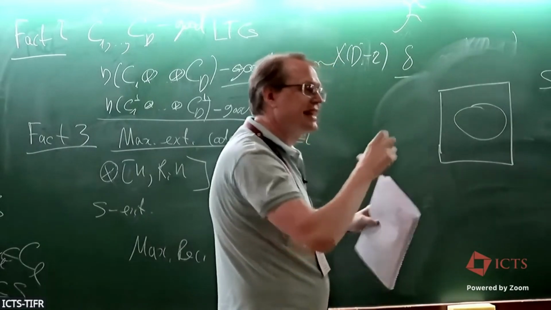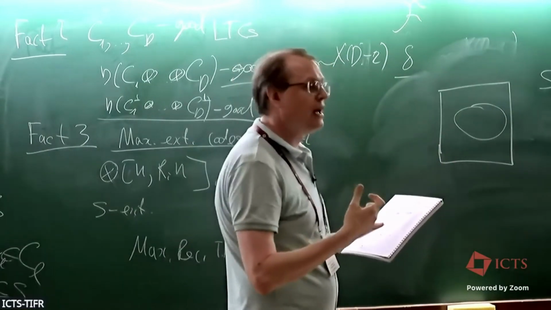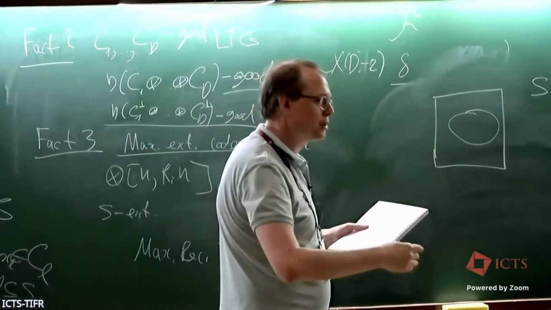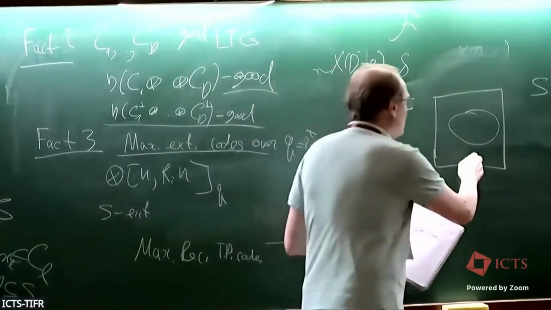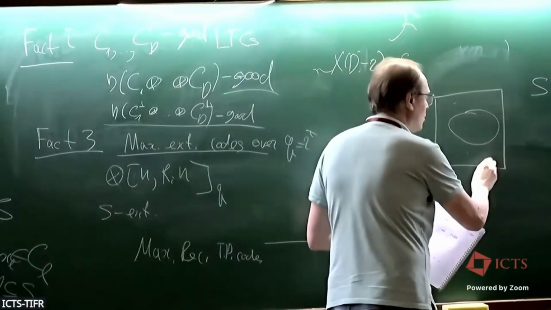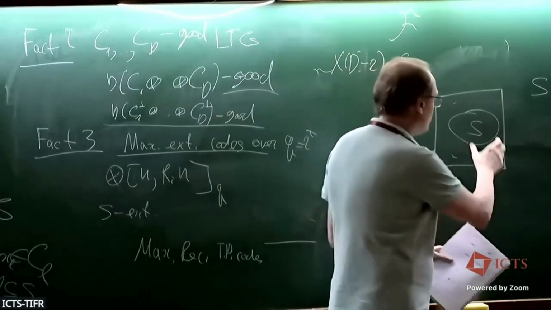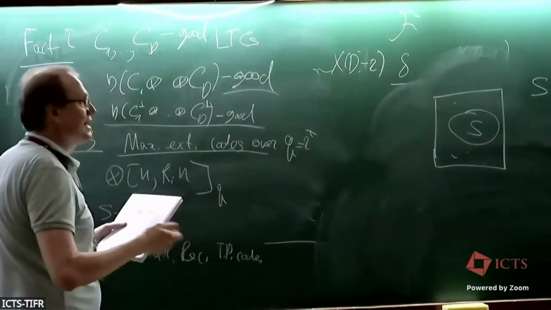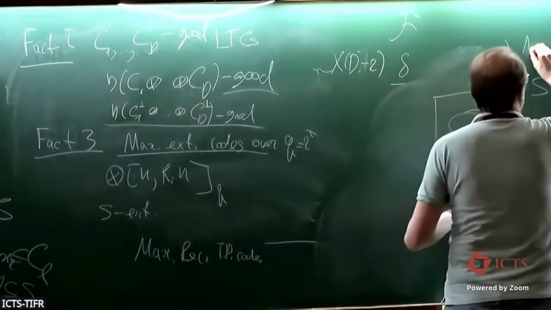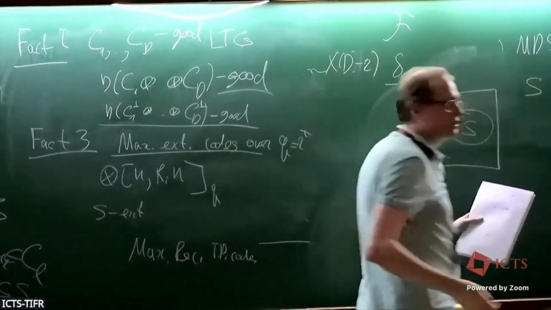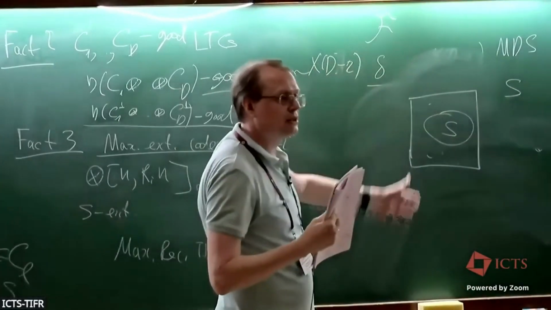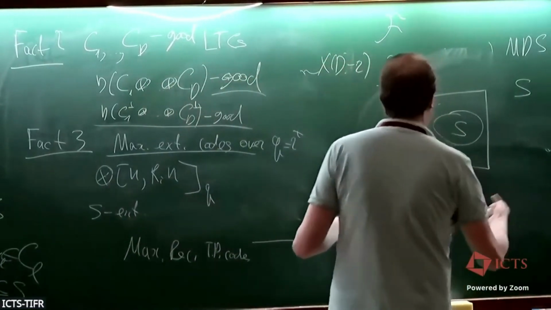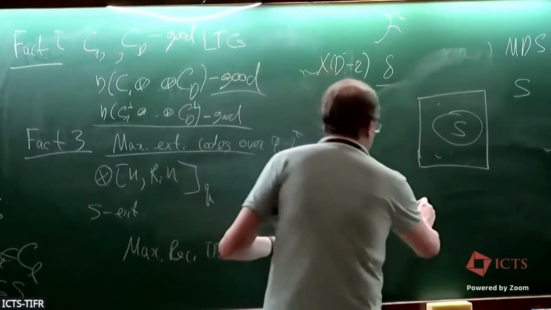So it has as many information sets as possible. Those codes are very important for practical applications because if you lost all the data outside of S in your tensor product code, you can recover it by looking at S. So in a sense, they are a generalization of MDS codes, maximum distance separable. In one dimension, this is exactly maximum distance separable.